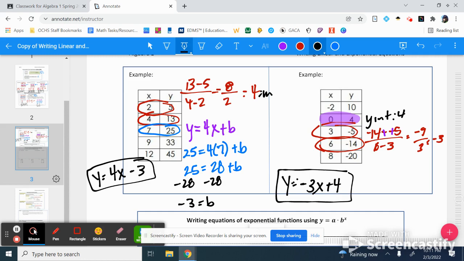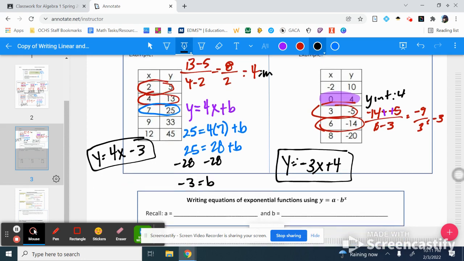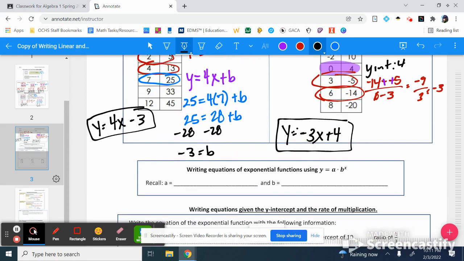Now we're going to evaluate exponential functions. And remember, in an exponential function, my a value is actually the y-intercept. We talked about before, the x value in a y-intercept is always 0, and the y value is what changes.